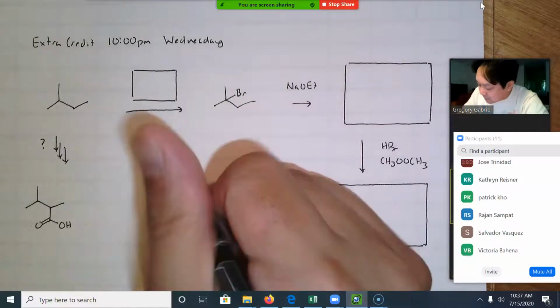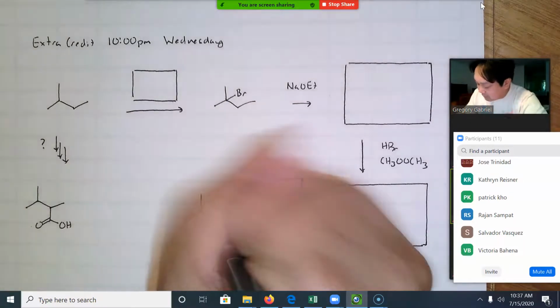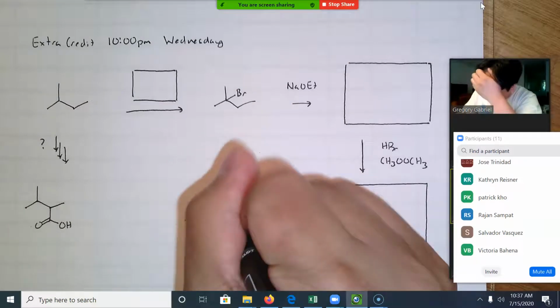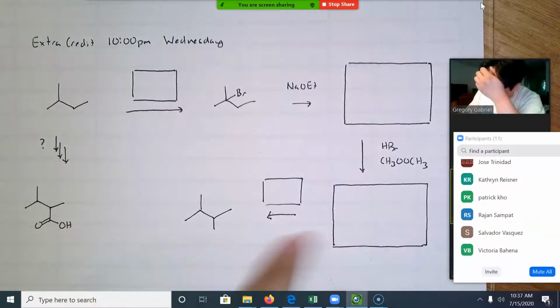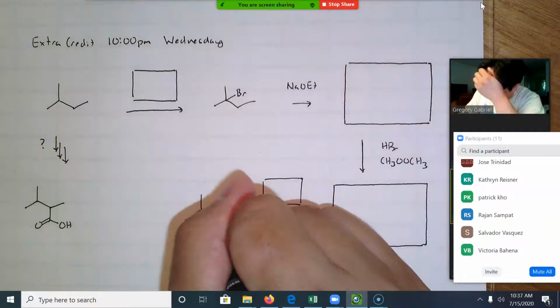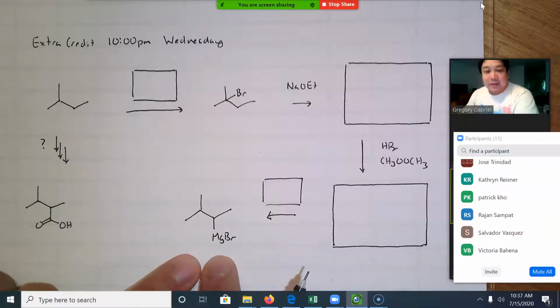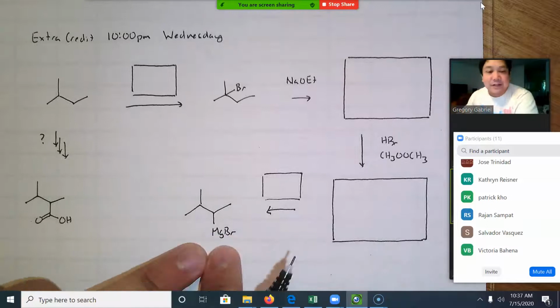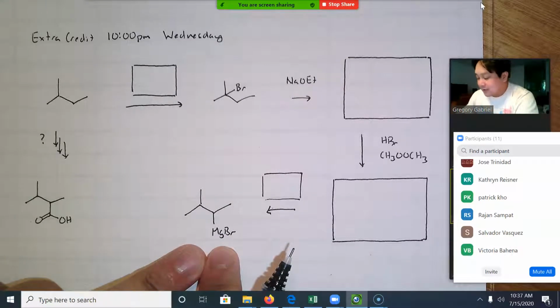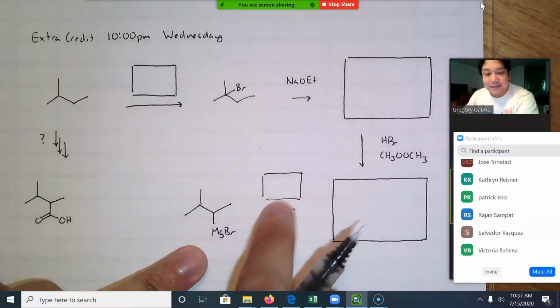But take a look at this product here. How do you make this? This is a Grignard reagent. So you should know what goes in this box.